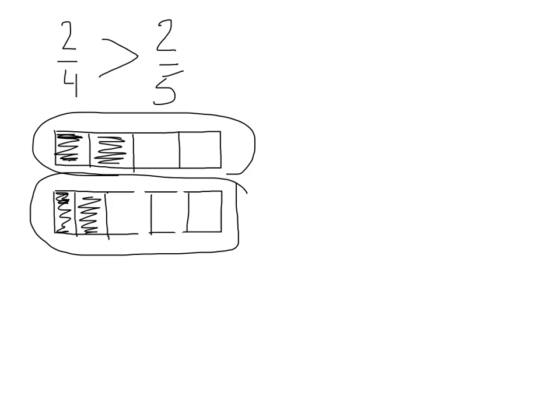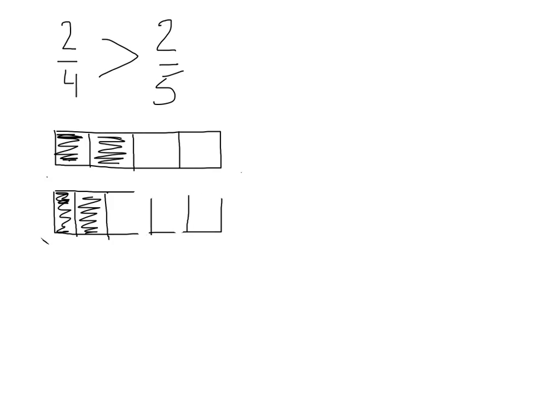The book also gave an example where their models were a little bit different. If you had the fourths model still the same, but then the other character ate a granola bar that was a different size, we can't compare those 2 fractions.